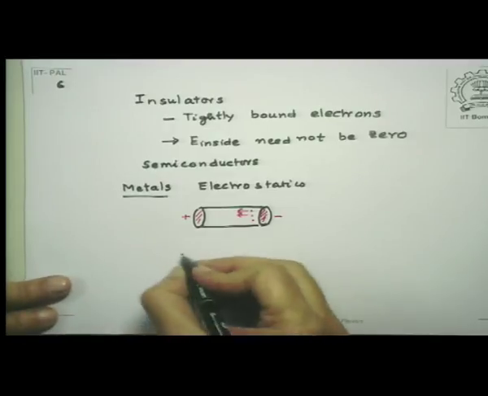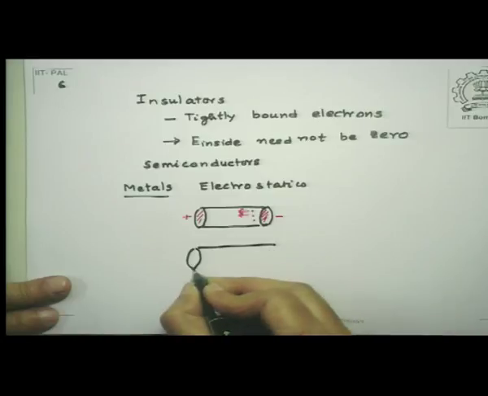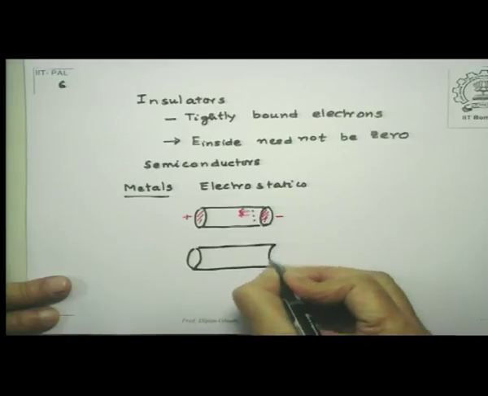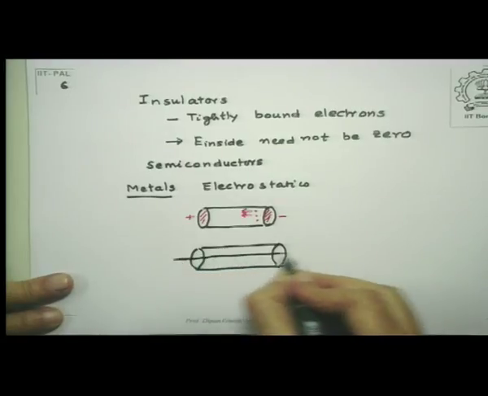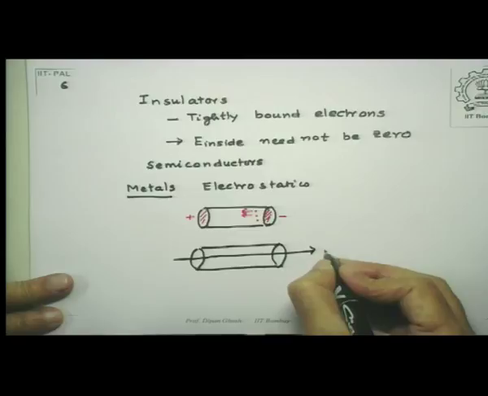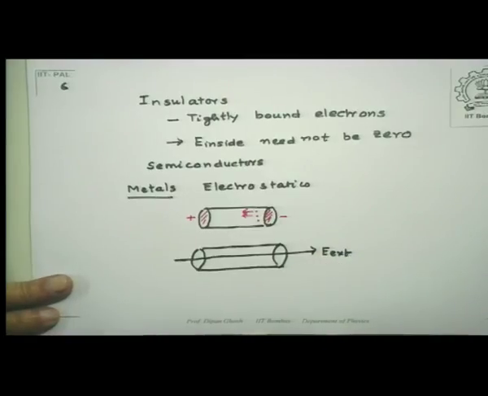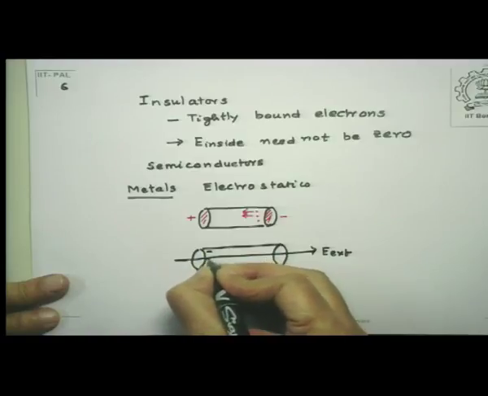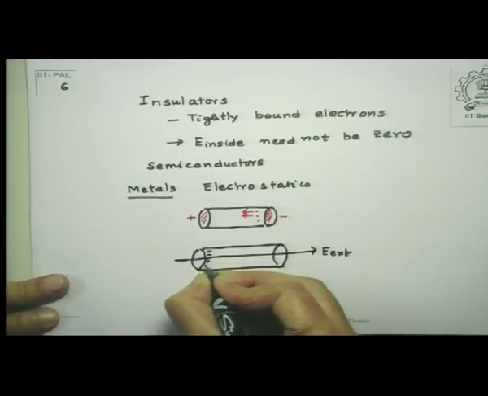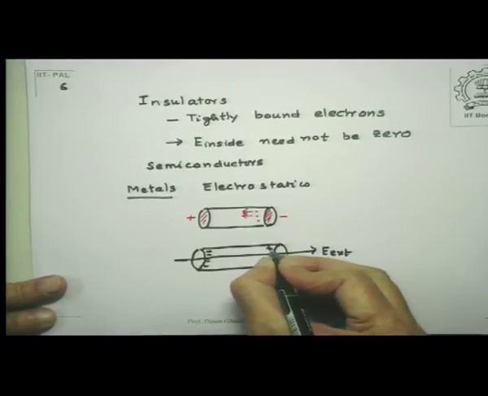I have the same situation there, and let us suppose I have an external electric field in which this has been placed. Now you realize immediately electrons would start moving opposite to the direction of the electric field. So that will charge up this side, and that would make that side positive.